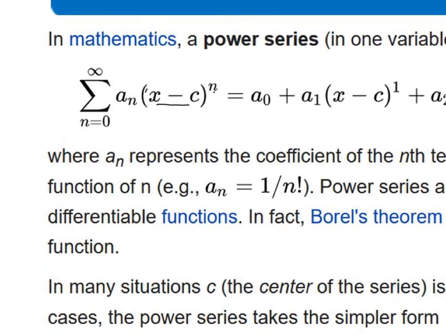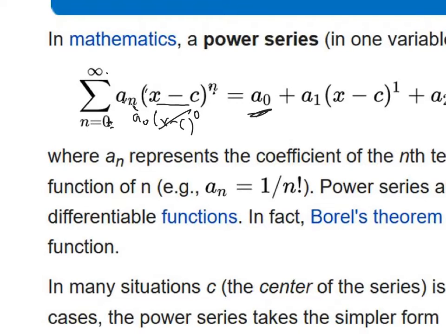It's a power series because my power is changing, and n is going to be plugged into your first term, a sub 0, 0 power. So when I plug in 0, I get a sub 0 times (x minus c) to the 0 power, which is 1. You get a sub 0.